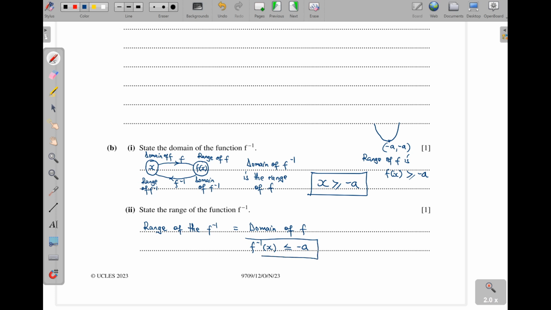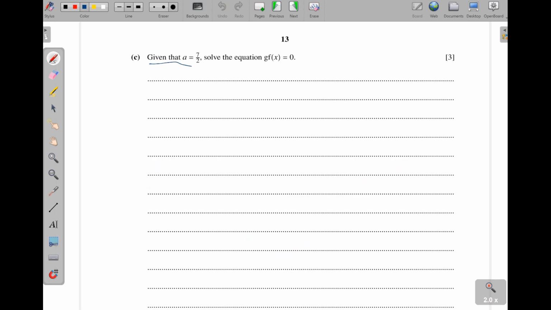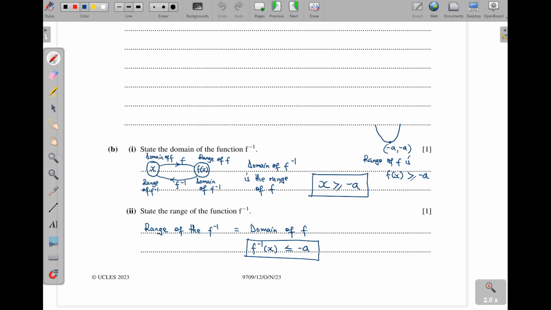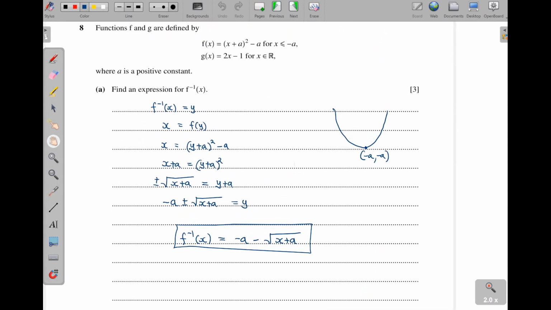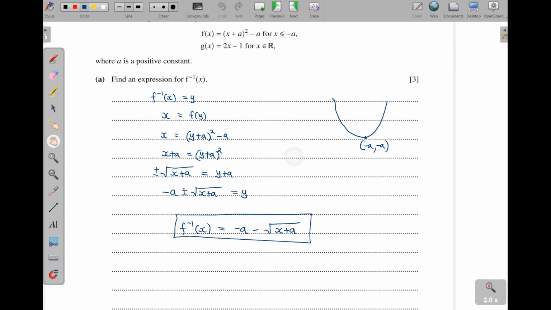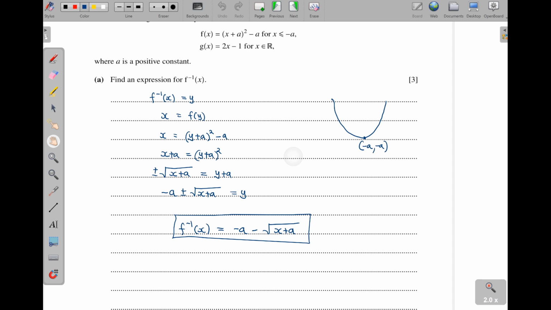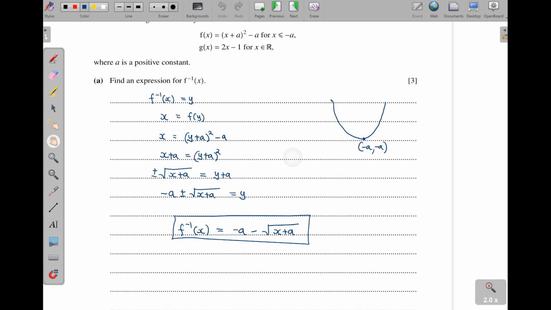As simple as that. Part C, given that a is equal to 7 over 2, solve this equation gf of x. Here we are composing a function into the other. First of all, our g of x was given as 2x minus 1 for all real values of x, and then f of x is x plus a, squared, then minus a.